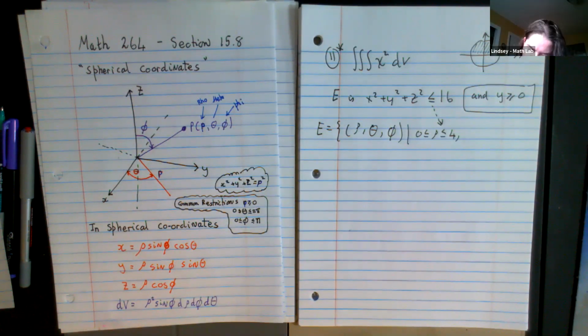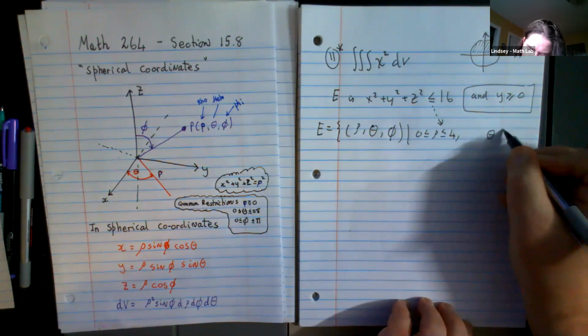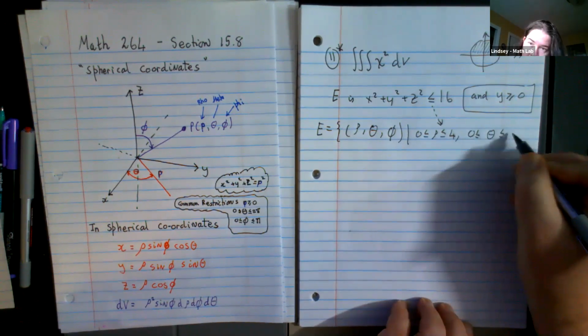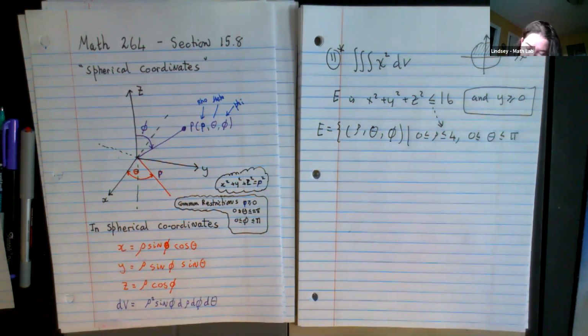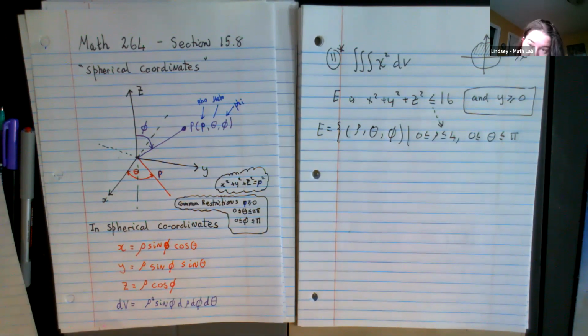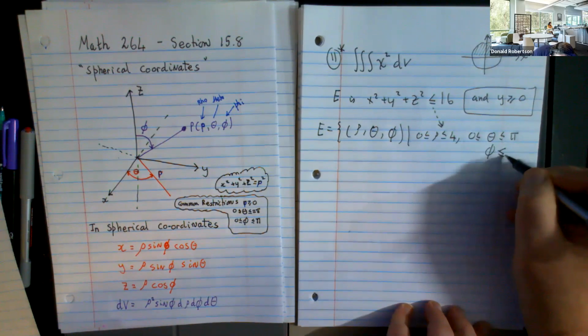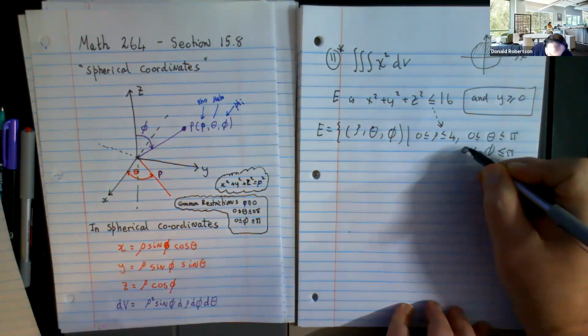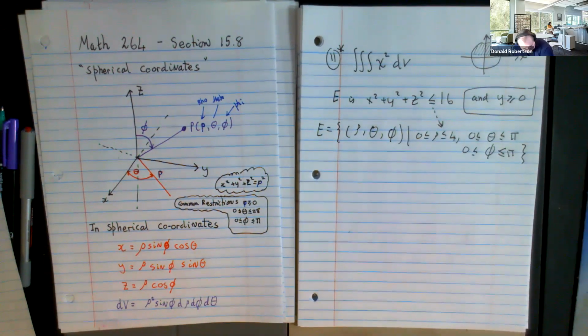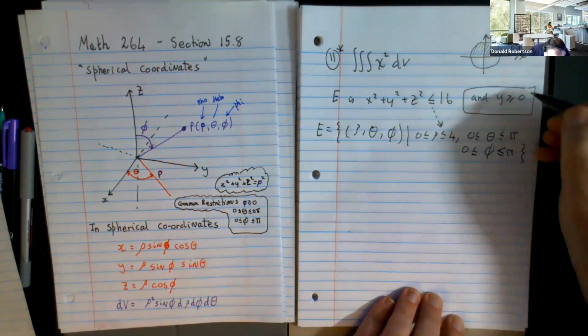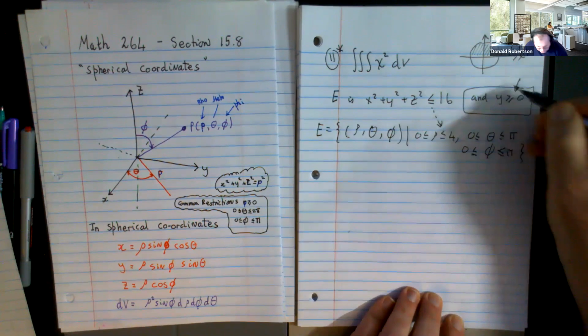Just theta as 0 to pi. Great. And phi is already 0 to pi. So the restriction here was in theta.